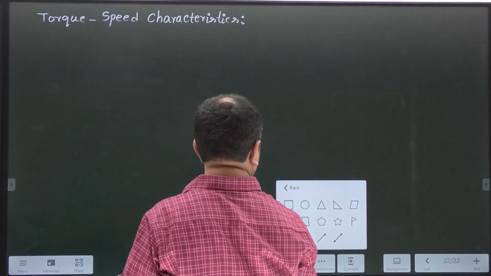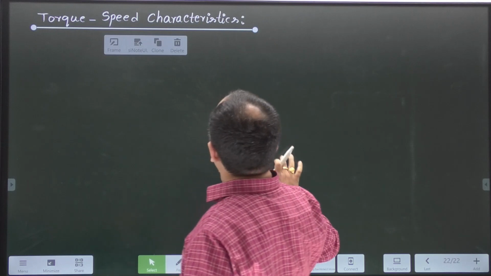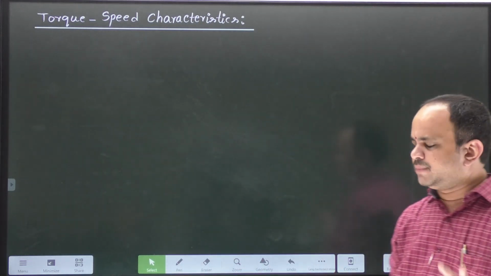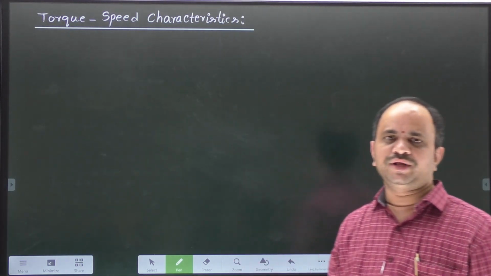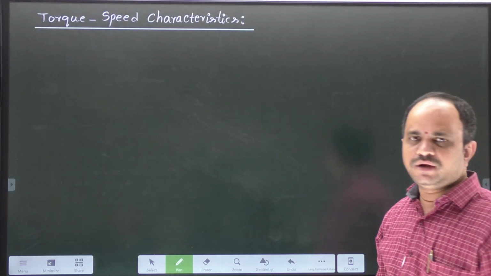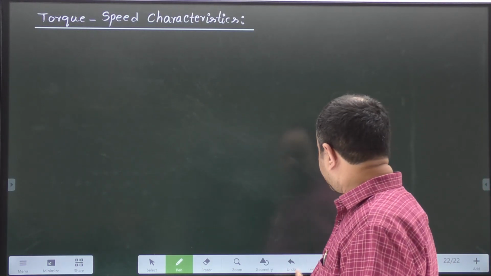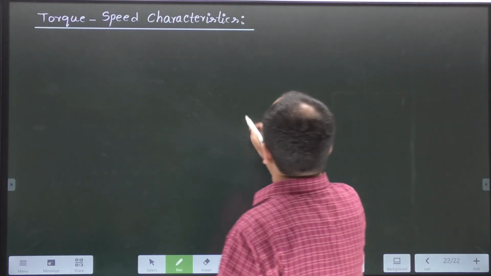You might studied this topic in induction machines class. So we'll just draw the curve without much explanation. In fact, that is not in the scope of power electronics lecture also. So if you want more details, you can refer induction machines class. Here I will just draw what is this characteristics.